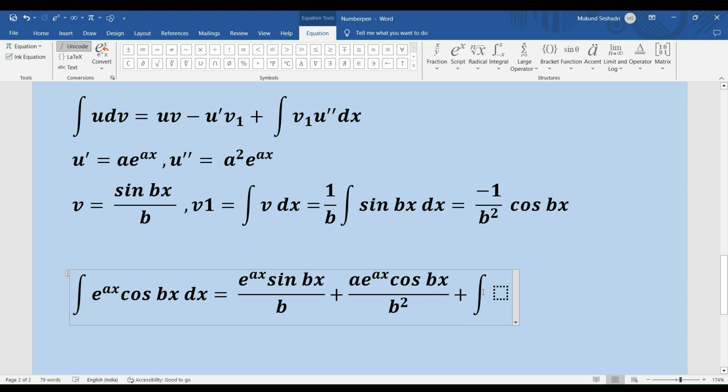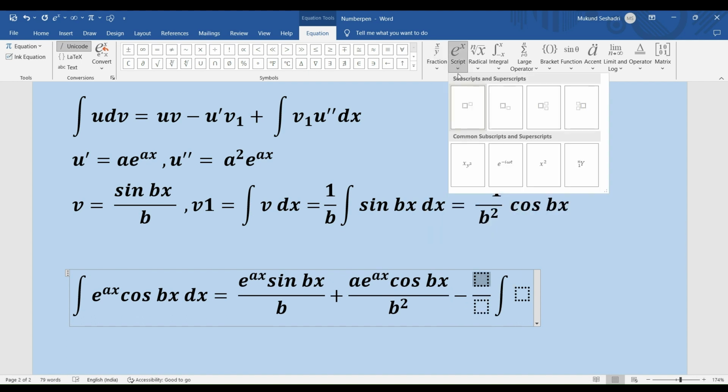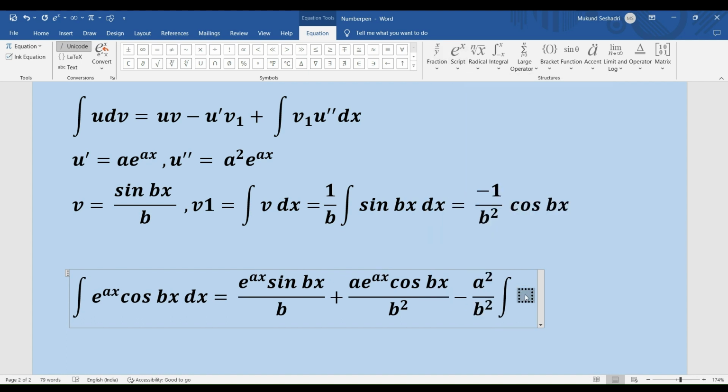So I have a minus 1 by b square times a square into e to the power ax cos bx, right? So I can pull out the constant, which is minus of a square by b square. So let's write that down. Then you have your integral of e to the power ax cos bx dx, right?